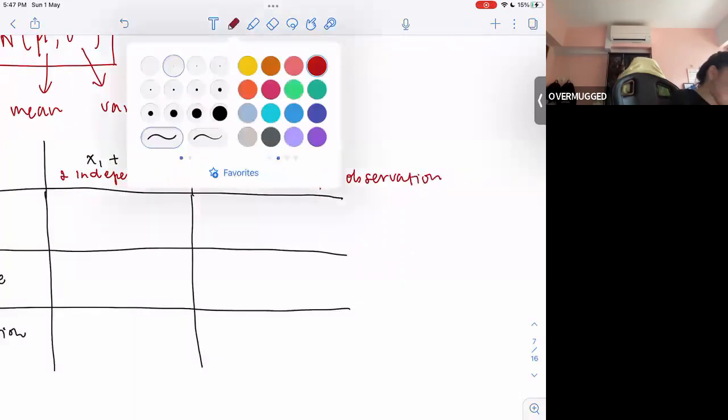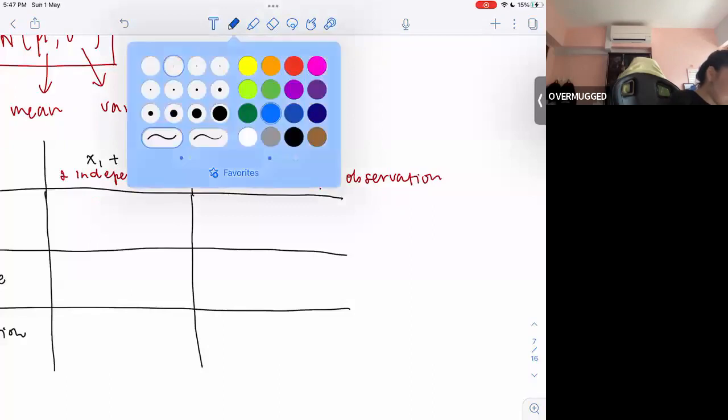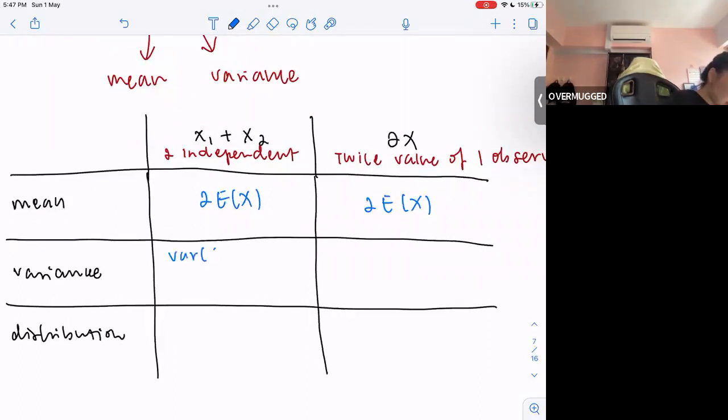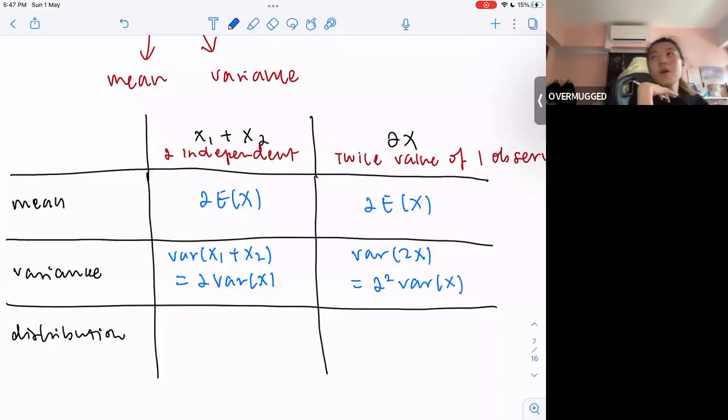So what will these values be? I'll use blue color. The mean will just remain as 2 times the expectation of X. This is also 2 times the expectation of X. The variance of X1 plus X2 will be 2 times the variance of X. And this will be the variance of 2X, which is 2 squared times the variance of X. So you see, throughout the whole of statistics, this concept is very important.